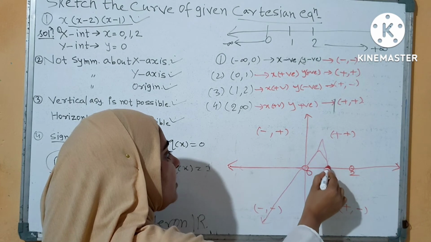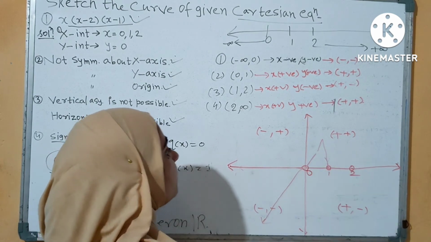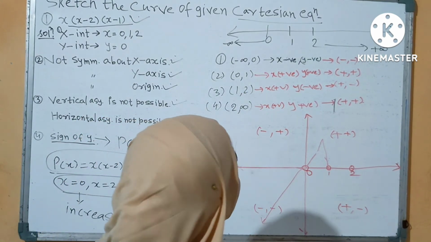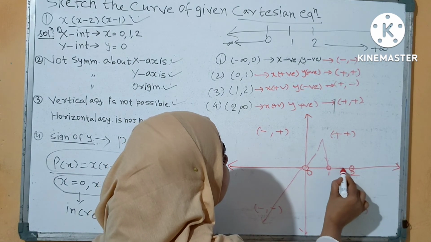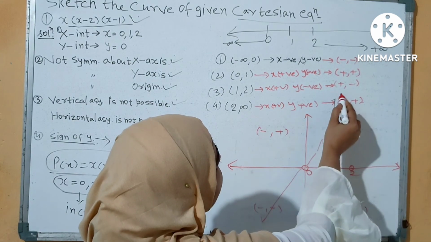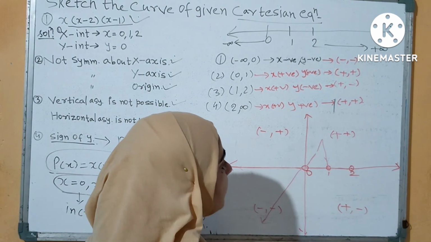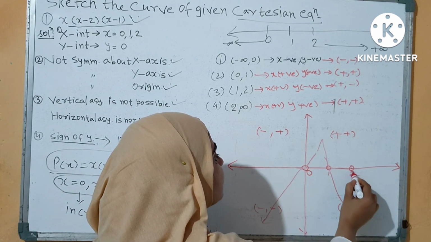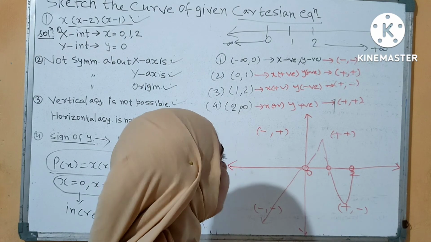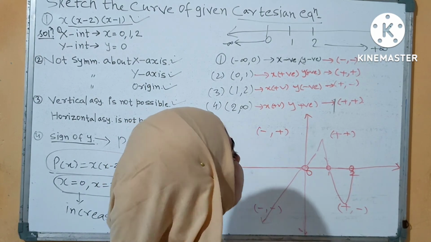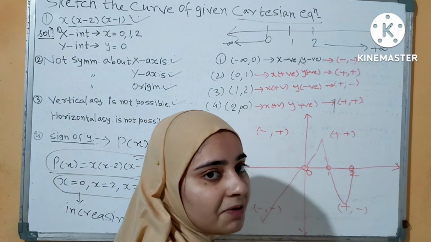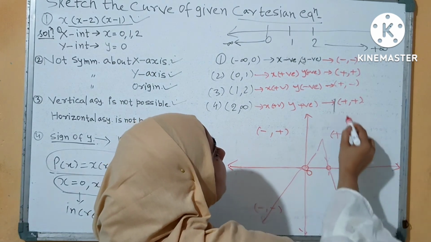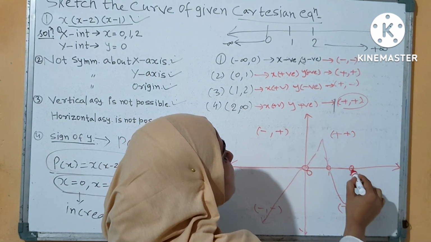Now second one, 1 to 2. What about the 1 to 2 interval? In the 1 to 2 interval we are in plus and minus, that means the fourth quadrant. So in 1 to 2 your graph will be like this. And last one, 2 to infinity, that means completely the right side, the positive side, your graph will be in the plus and plus quadrant, that means the first quadrant.